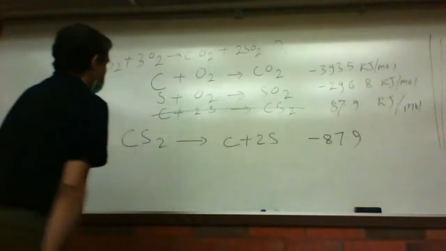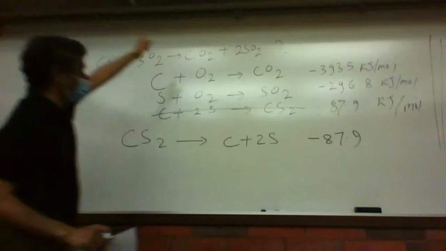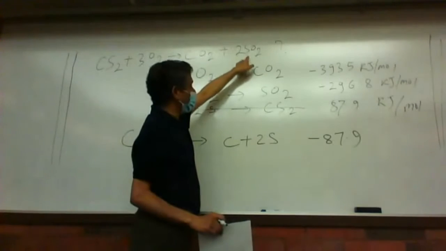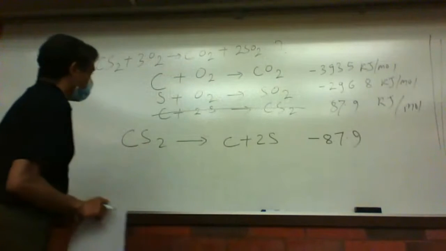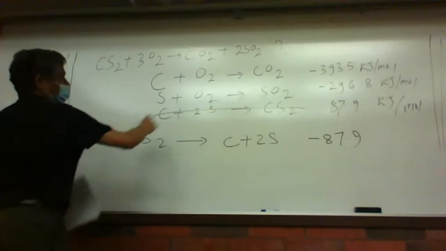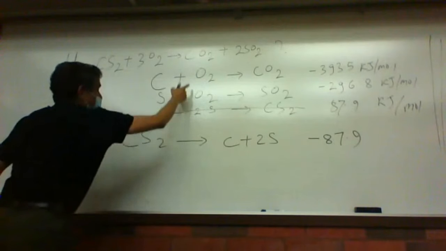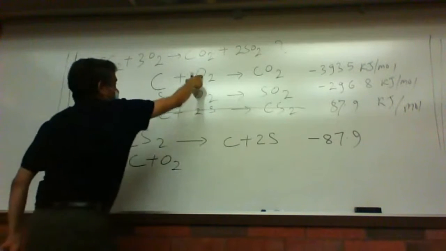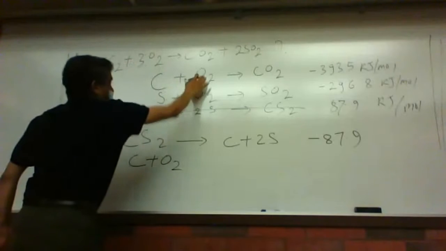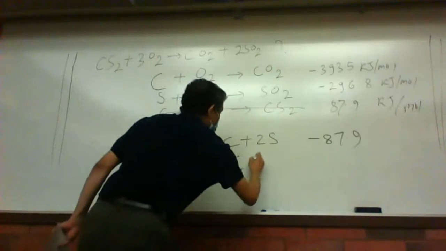Now, what do I need here? I need sulfur dioxide and carbon dioxide toward the right side, right? So it looks good. Oxygen is in the left side, so I'm going to put C plus O2, because I need O2 in the left side of the target reaction. I'm putting this reaction such that it gives me CO2.